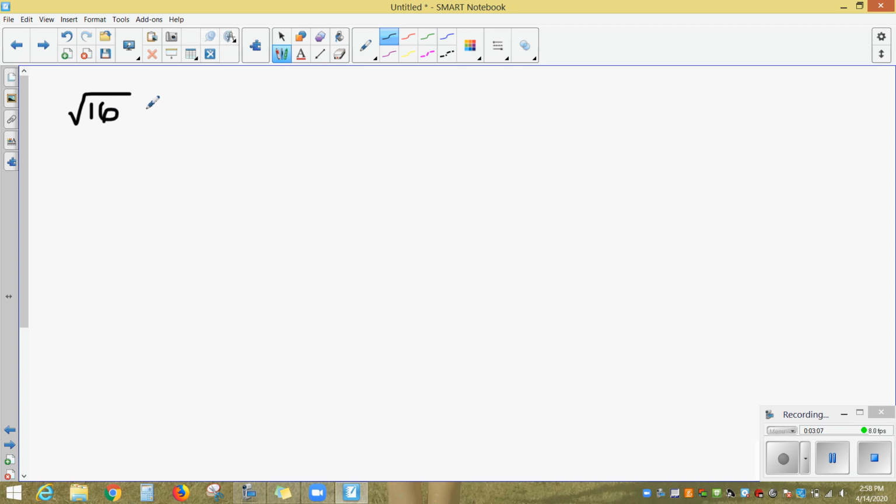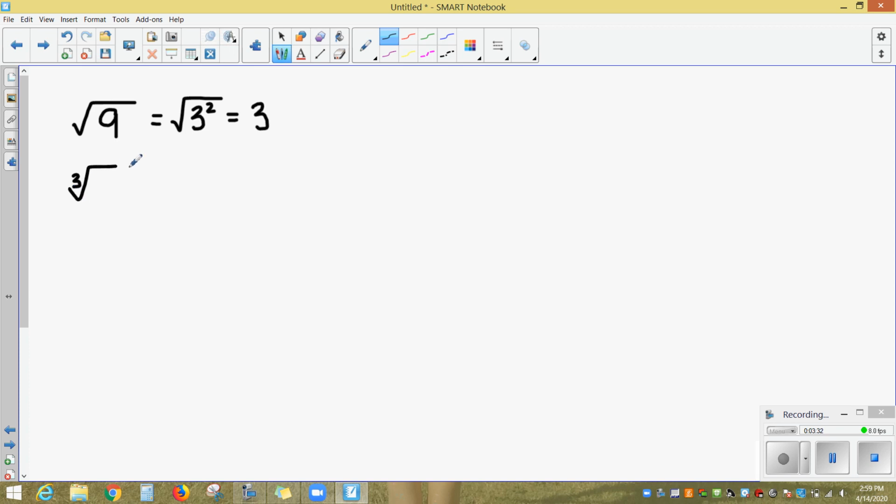Alright, we just walked away from the square root of 16. I don't want to use that number. Pick something different. Square root of 9. If we think about our multiplication tables, we can figure out pretty quickly, hopefully, that the square root of 9 is 3, because 3 squared is 9.